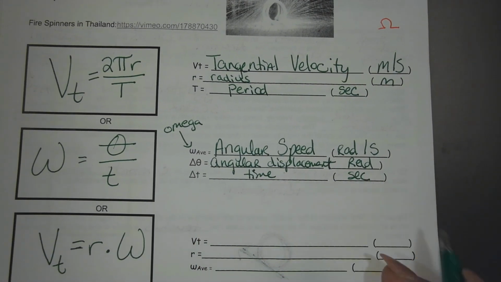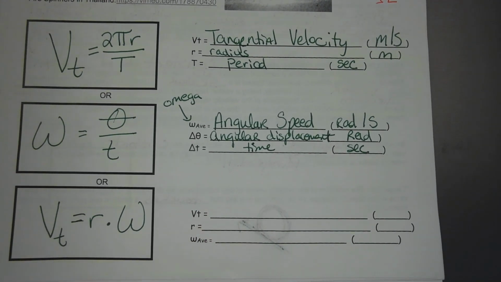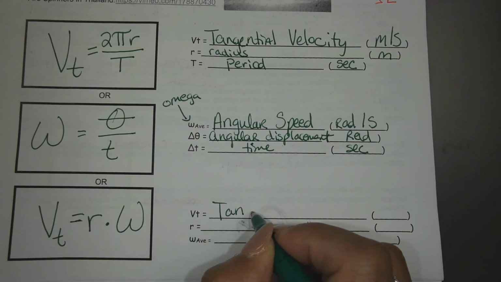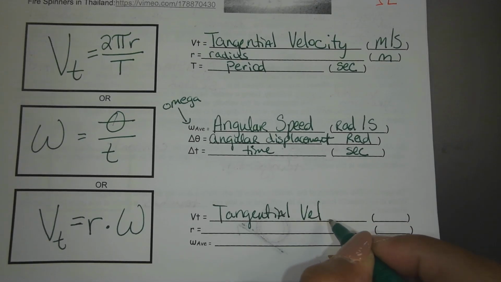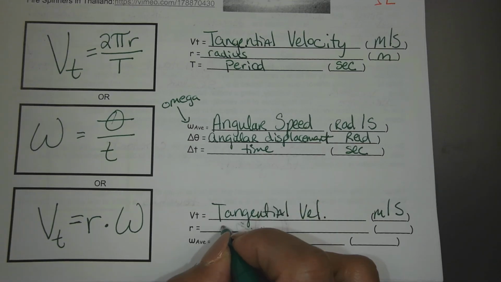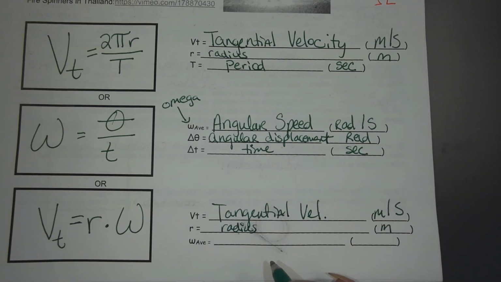Which is in seconds. And then our last equation, again, whichever equation's easier for you to use, that's the one you're going to pick. They all come out to the same thing. Tangent velocity, which is meters per second, could be radius, which is in meters, times angular speed.